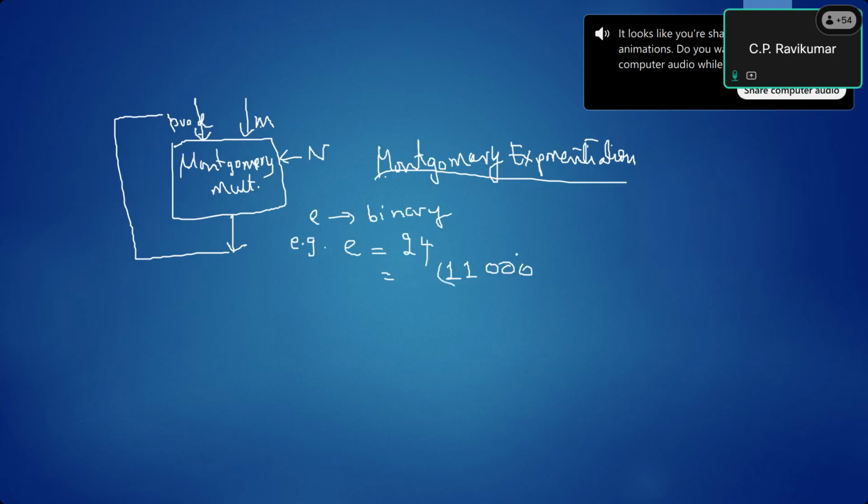So this is 24. If this is 2048 bits, there will be a lot of zeros ahead of this, but we are only interested in this 11000. So start with 11000.